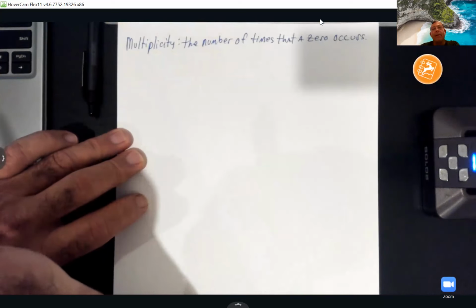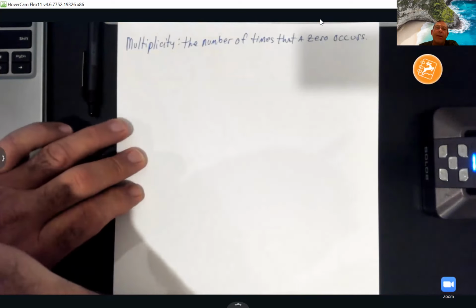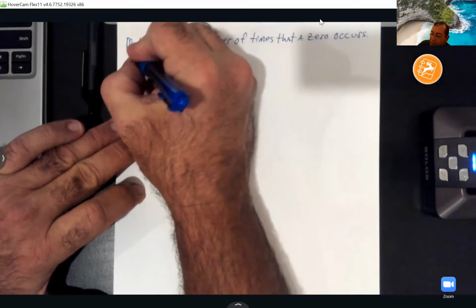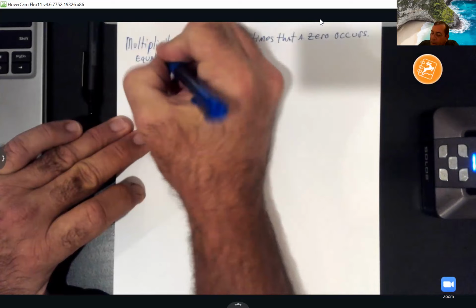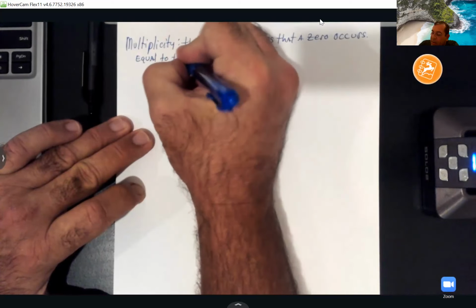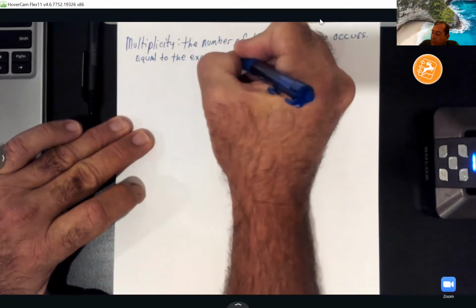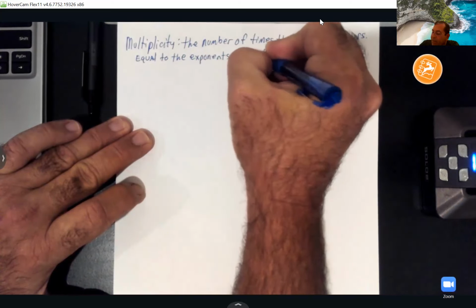Now, these multiplicities are equal to the exponents of each factor.